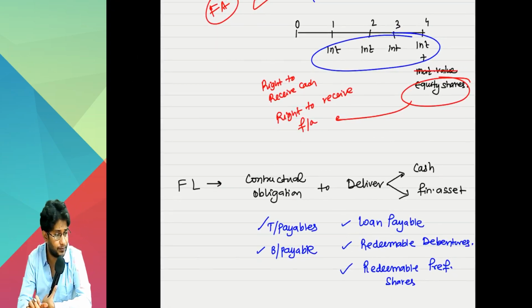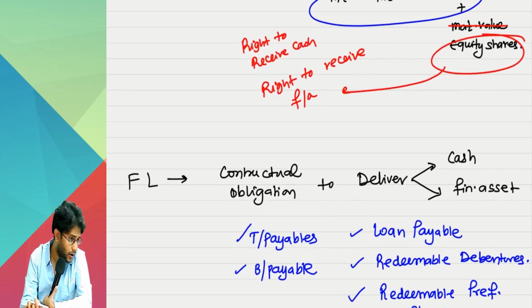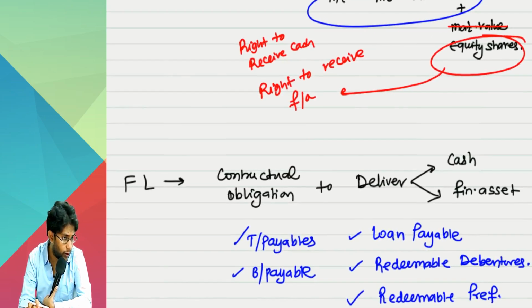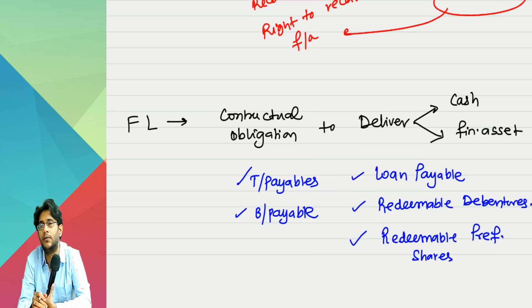Okay, answer this. Electricity bill outstanding. This month's bill has come, sir, we did not pay. It is appearing in the balance sheet. Financial liability, yeah?